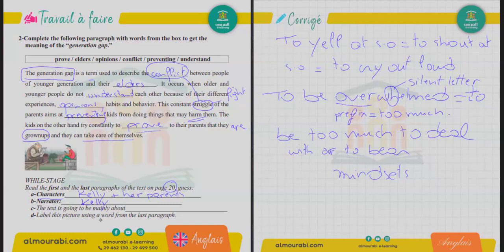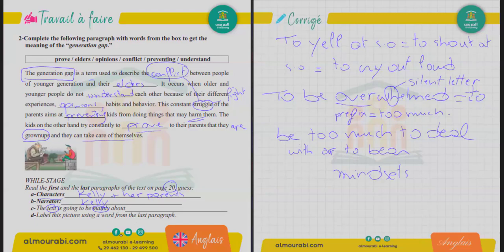Good. Can you tell me about the main idea of the text? The text is going to be mainly about what? Kelly's relationship with her parents. And she is overwhelmed about how her parents behave. It's about that relationship which is in conflict, yes or no?